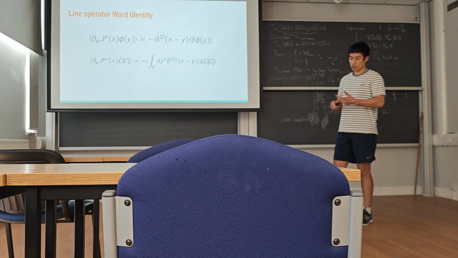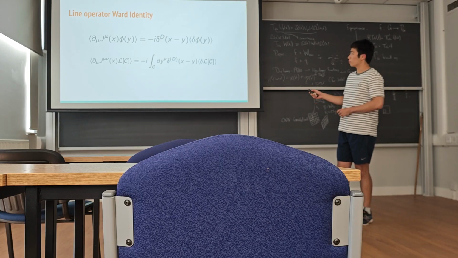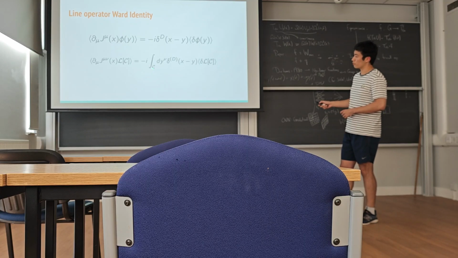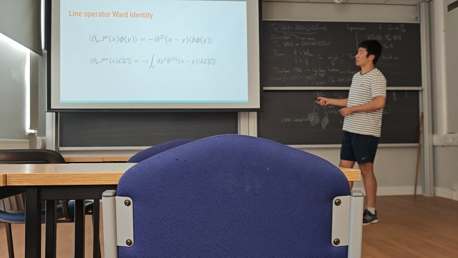And with that, we mentioned just now that it acts on the line operator. This is the expression. So we have del mu J mu nu acting on a line operator, which is defined on the submanifold of dimension 1, which is a curve. And on the right-hand side, we have some integral over the curve as well. Same, we still have the Dirac delta here.